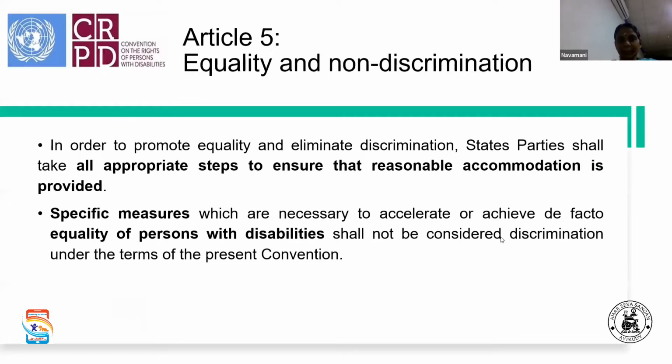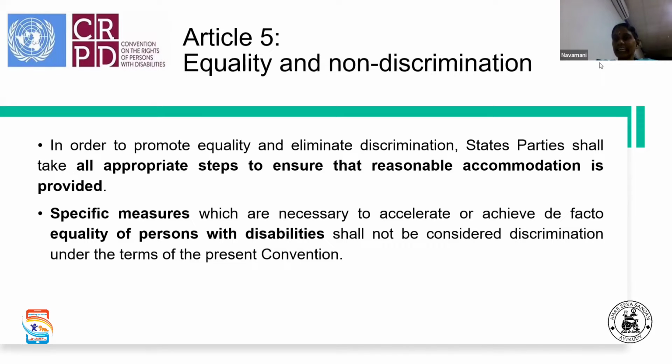The other articles which talk about environmental intervention include Article 5, which talks about equality and non-discrimination. In order to promote equality and eliminate discrimination, state parties shall take all appropriate steps to ensure that reasonable accommodation is provided.